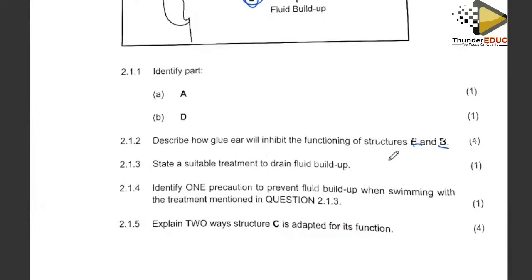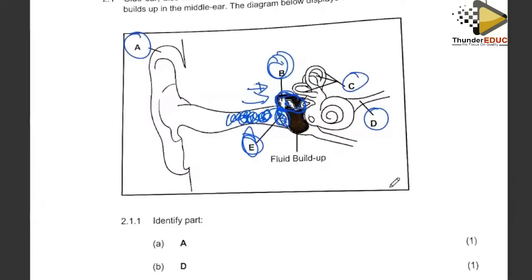State the suitable treatment to drain this fluid which builds up. So if there is too much fluid here, this pressure is coming from this side and this pressure is coming from this side. The one being built from this side through the air will not be able to pass.